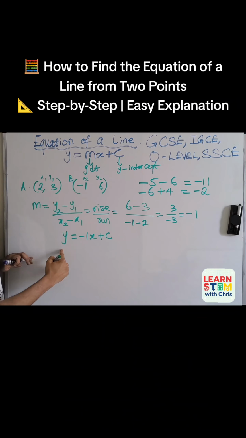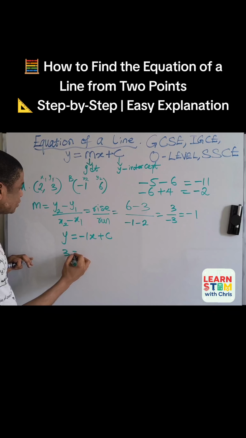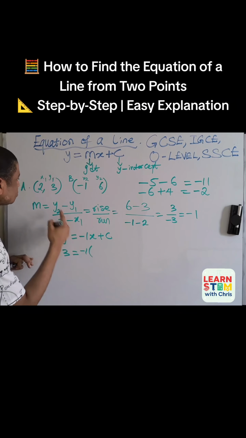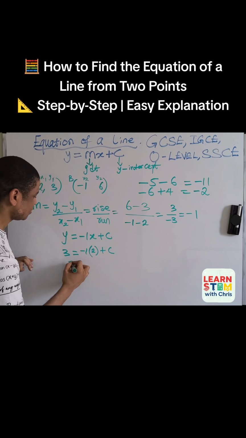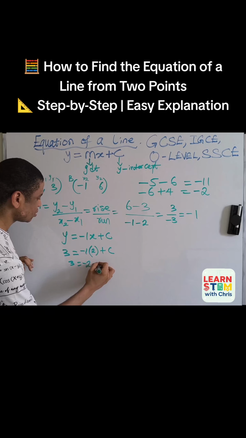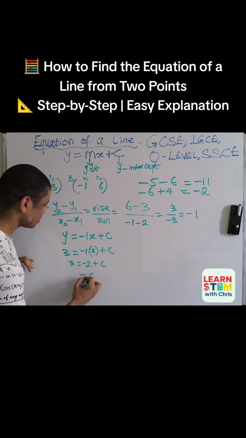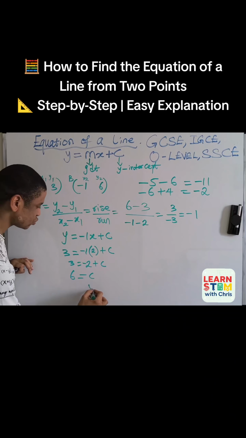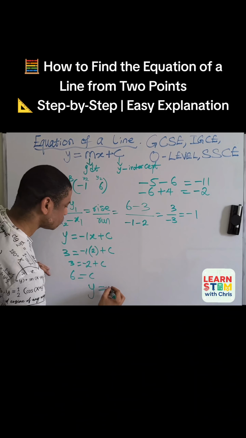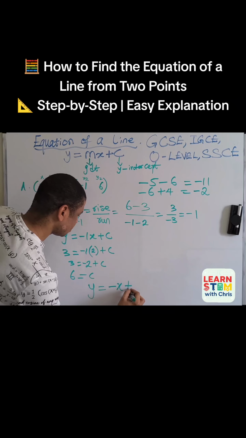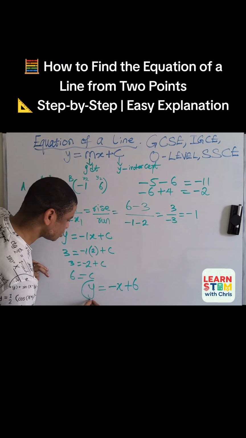So 3 equals -1 times 2 plus c. So 3 equals -2 plus c, so c is 5. So my equation is y equals -x plus 5.